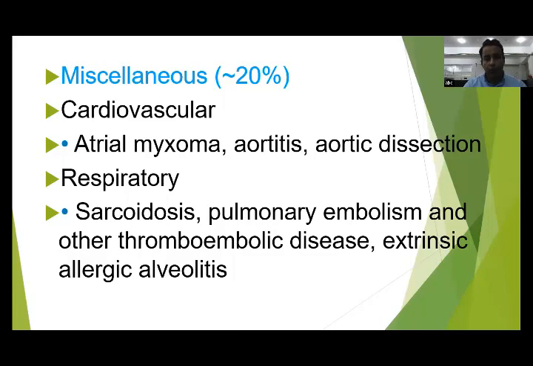Other causes which we easily miss in PUO are atrial myxoma. If you listen to a mid-diastolic murmur over the heart, there are two causes: the patient has mitral stenosis or the patient has an atrial myxoma.